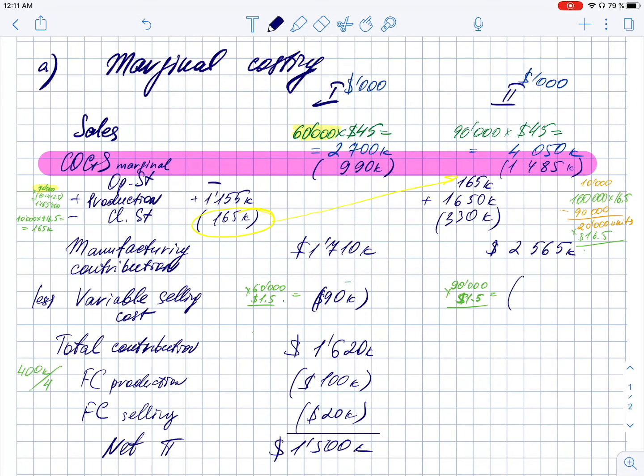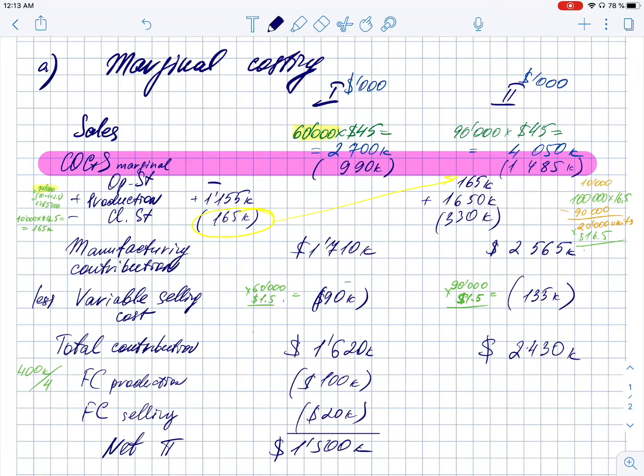Total amount would be 135,000. And now we can calculate total contribution. Total contribution equals 2,430,000.